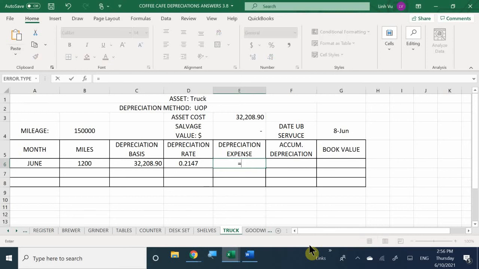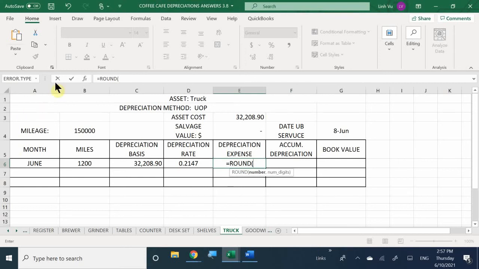It's going to be the 0.2147 times the 1,200 miles you drove. Correct. Because it's 21 and almost a half cents, I'm going to use my equal round formula because I need to depreciate to a rounded number, to the nearest penny.